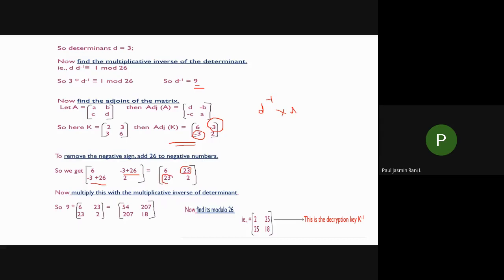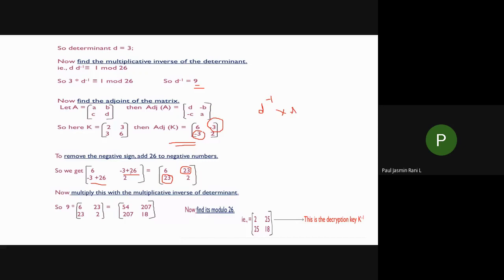This you have to do only for negative numbers. Suppose you have a value greater than 26, then you have to go for the mod function. So remember these two things.